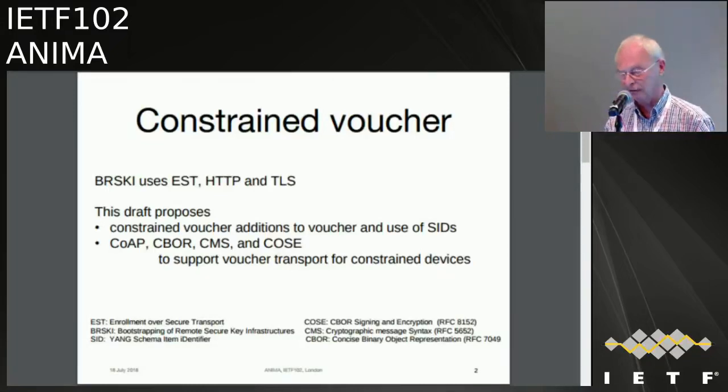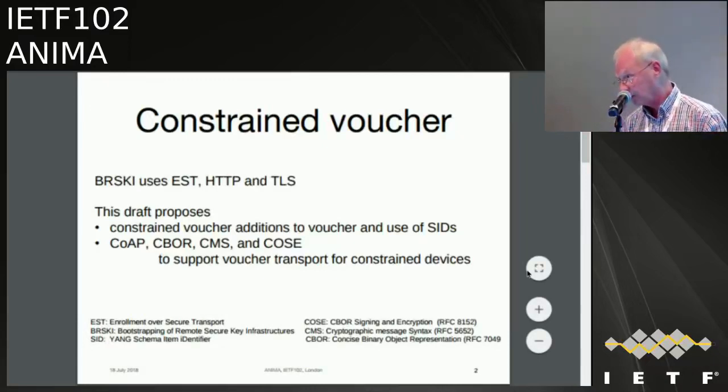What we have added is that we use the SIDs, and instead of having these long identifiers, we just have numbers, which are based on drafts published in the CoRE working group. On the other hand, instead of using HTTP, the draft uses CoAP, CBOR, CMS, and COSE, which is also a facility to do end-to-end payload protection during transport.